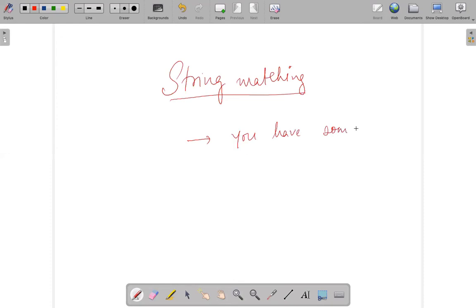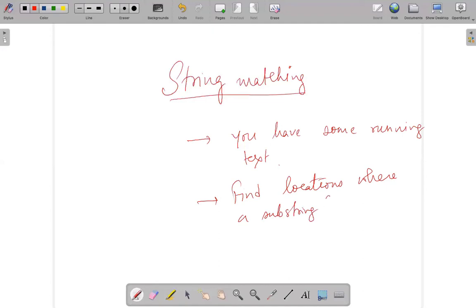some running text, and then you want to find locations where a substring, typically called a pattern, matches with a segment of the text, right?